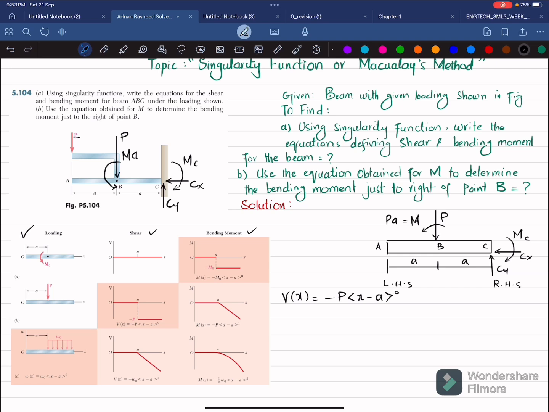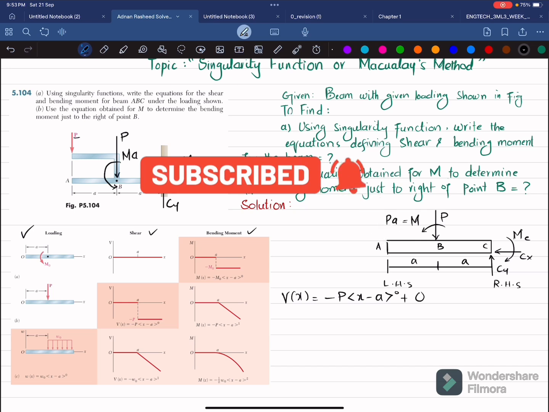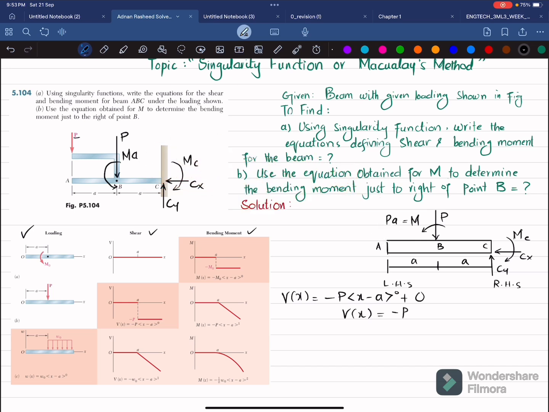And we have a moment as well at this point, which is PA, and for a moment acting at point A from the start, the shear force is 0. So there will be no term for the moment. So the shear force equation will be equal to minus P into x minus a power 0. This is your equation number 1.